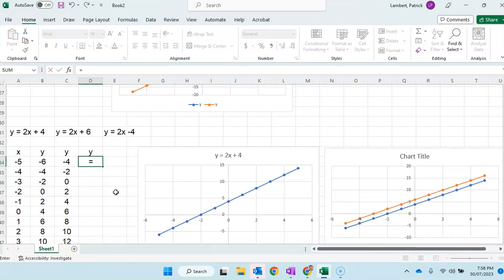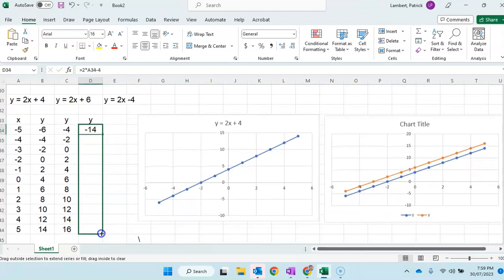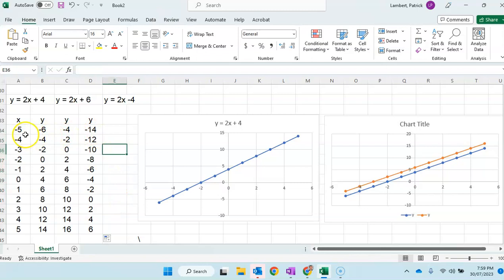It's twice times shift 8, A34, and then minus 4. So let's copy the formula down. Twice negative 5 is negative 10, minus 4 will be negative 14. Twice 5 is 10, minus 4 will be 6.